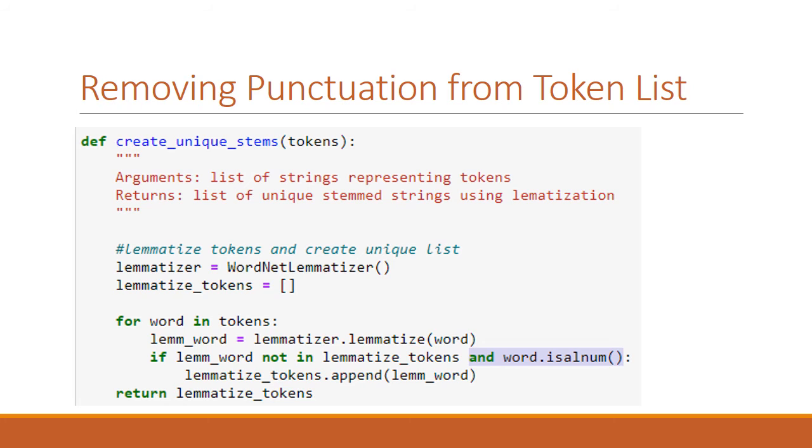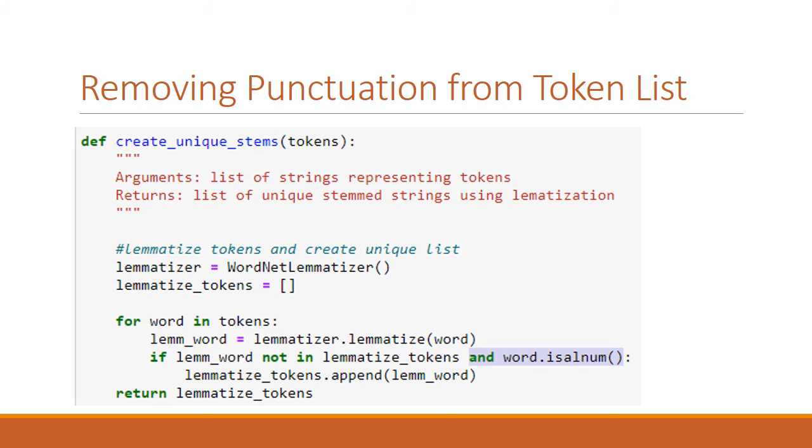To remove punctuation marks from our token list, we can add a condition in our create unique stem function. So before we add a token to our lemmatized token list, we can make sure that it's an alphanumeric token.